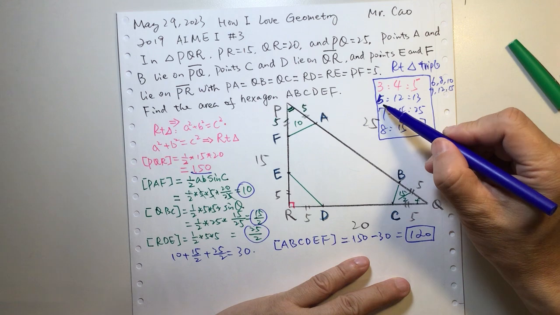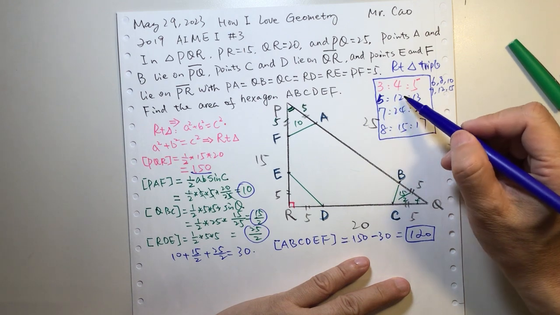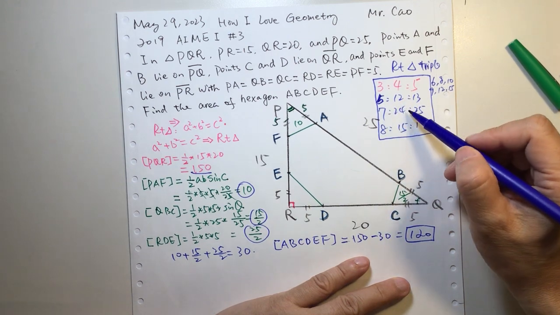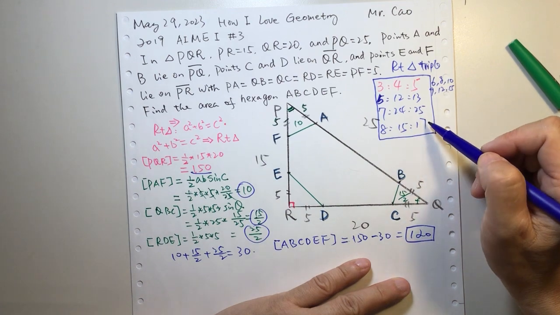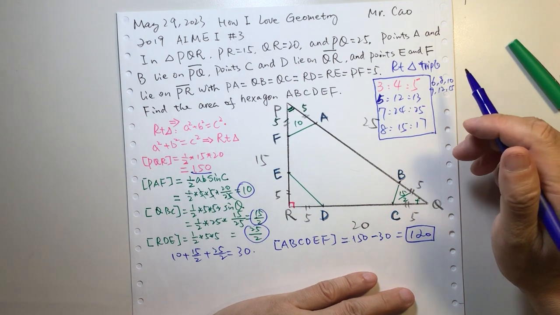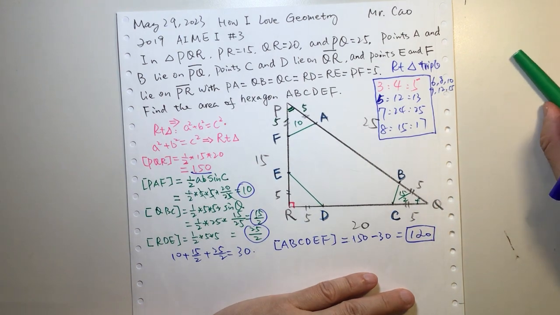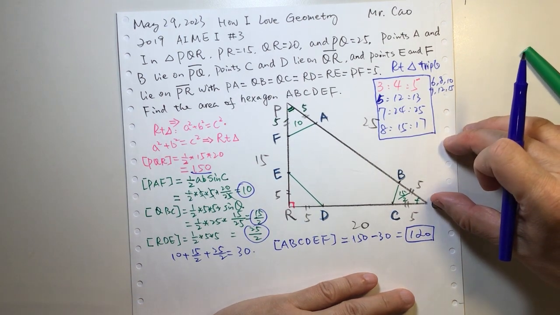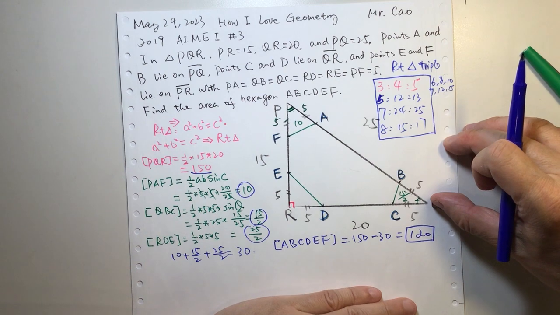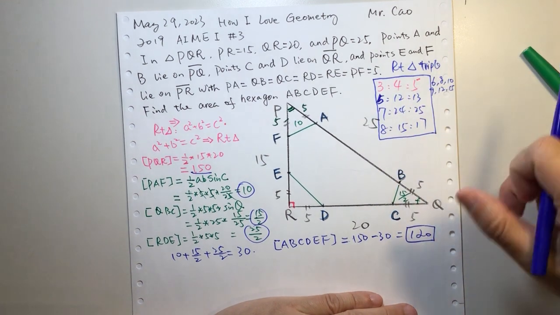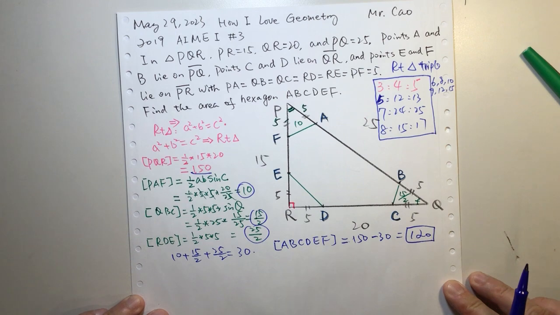And sometimes you will see 5, 12, 13, or 10, 24, 26, 7, 24, 25, 8, 15, 17. If you want to take part in math competitions like AMC 10, AMC 12, and AIME, you should be familiar with these numbers.